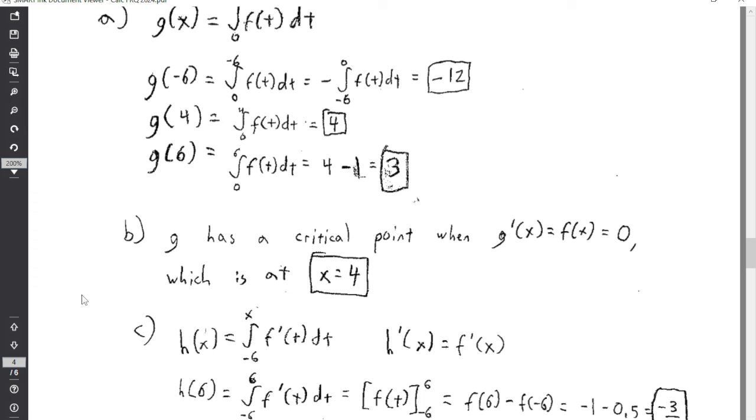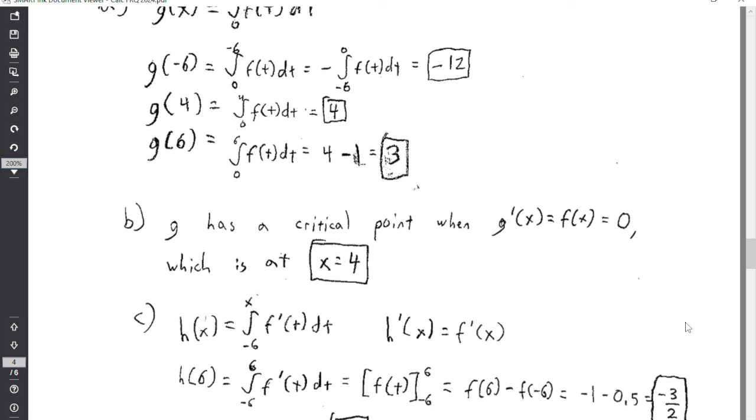So I need the antiderivative of f prime. Well, luckily the antiderivative of f prime is just f. So we take f plug in 6 minus f plug in -6. Not doing any slopes or areas here because the antiderivative of f prime is f. So we're just reading the graph, plug in 6 minus plug in -6, and we get -3/2.